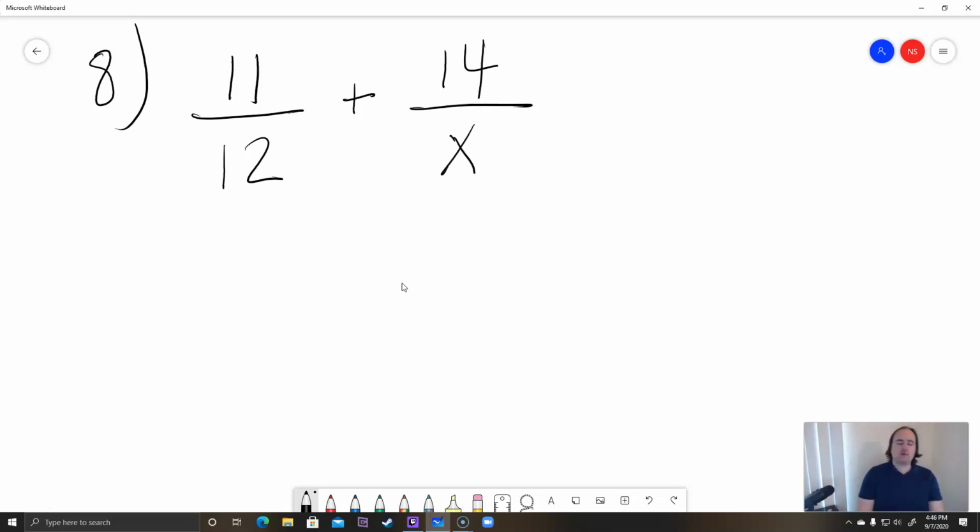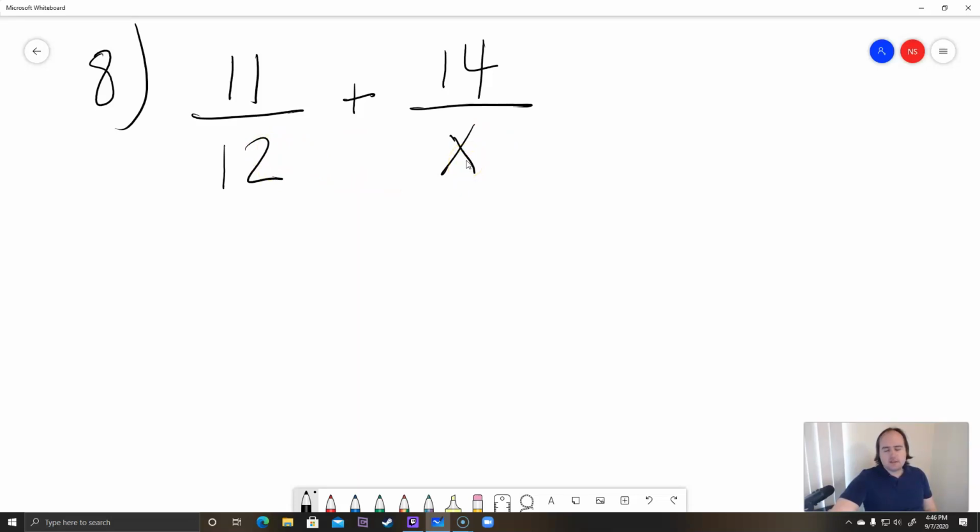So this is probably strange the first time you see it because you have different denominators, but they aren't both numbers. One of them's a number, the other one is a variable.